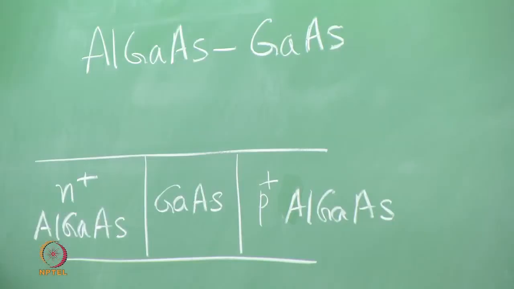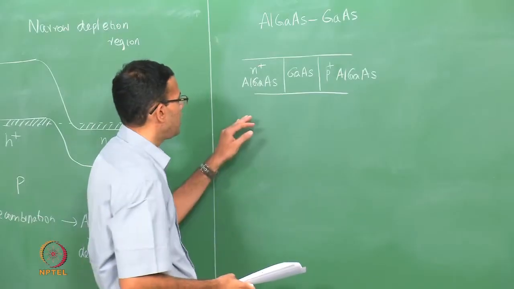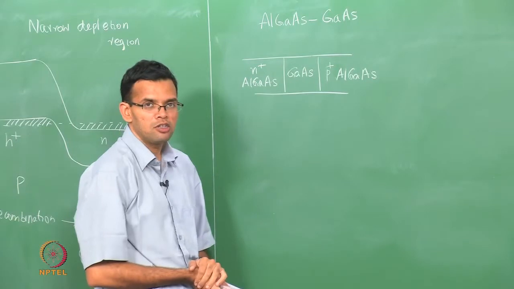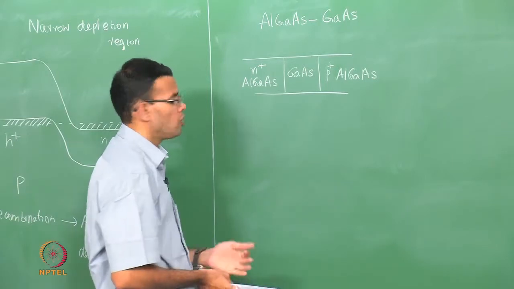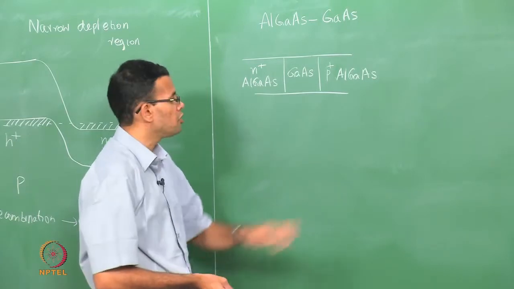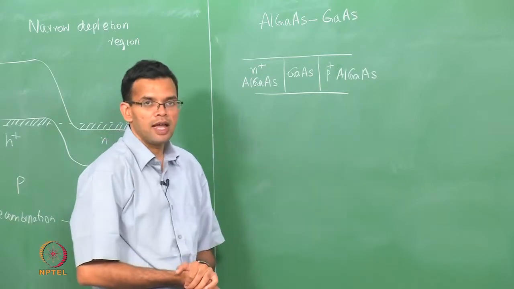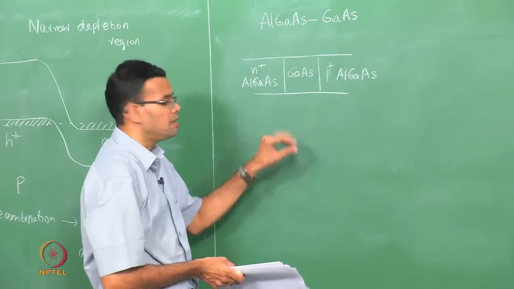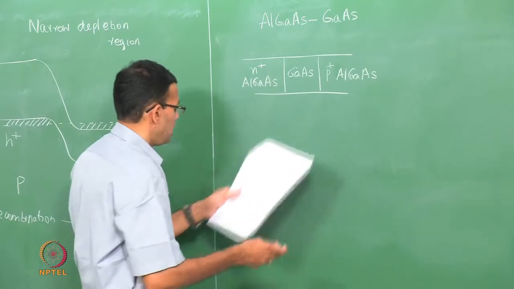So, when we forward bias this double heterostructure junction, once again we can inject electrons from the N side onto gallium arsenide and inject holes from the P side onto gallium arsenide, and these then recombine to give you your laser light.